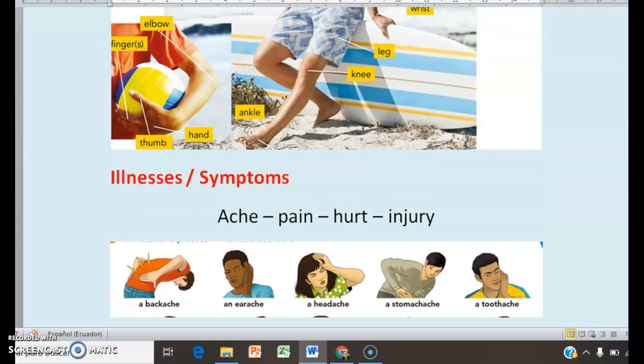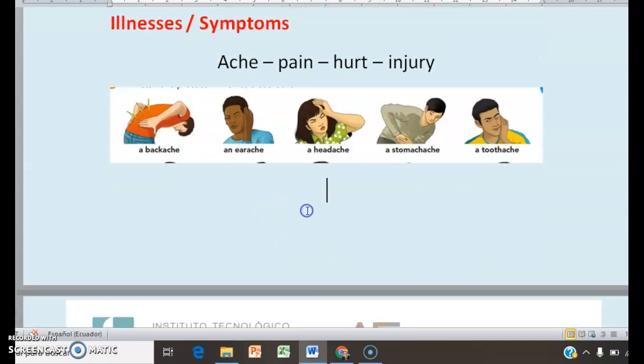Illness and symptoms. Enfermedades y algunos síntomas. Por ejemplo, a veces nos duele la cabeza, nos sentimos mal, tenemos pesadez del estómago, tenemos fiebre, okay? For example, how do you say stomach? Yes, remember this word, stomach. Very easy. Vamos a tomar en cuenta las palabras que yo he escrito en esta parte de aquí y también nos vamos a dar cuenta de cada una de las imágenes para así reconocer illness or symptoms.